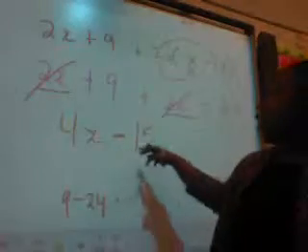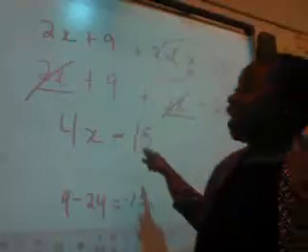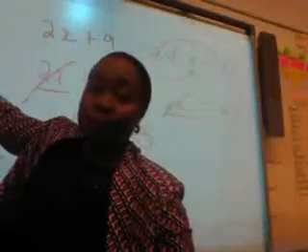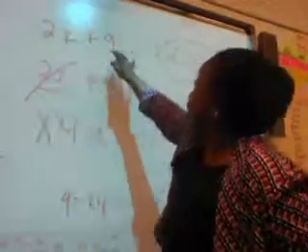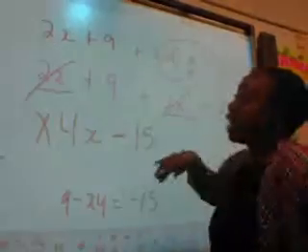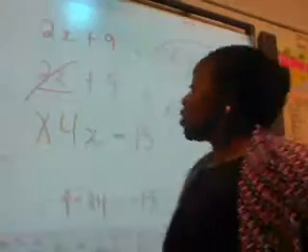Is 4x minus 15 equivalent to 24 plus 4x? No. So this algebraic expression is not equivalent to 24 plus 4x. So we can cancel that out. No, it's not equivalent.